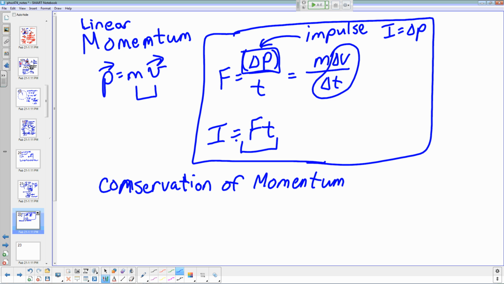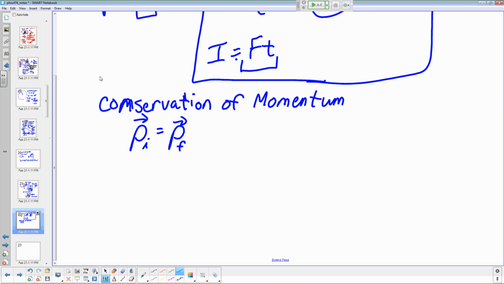In all collisions, any collision there is, momentum is conserved. And that just says that the initial momentum equals the final momentum. And this is really useful because if I have two objects that are colliding, say I have a 1 kilogram ball going at 2 meters per second, and then there is a 2 kilogram ball here traveling with a 0 velocity.